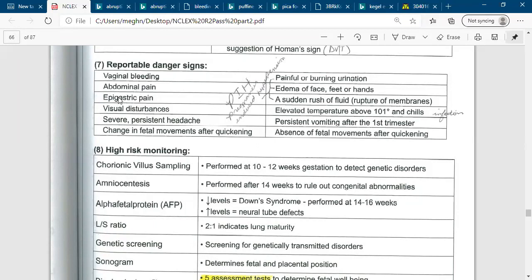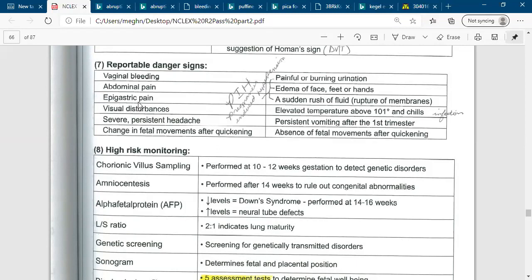Epigastric pain, although it is normal, if the epigastric pain is severe, they have to talk to the healthcare provider. If the mother has a visual disturbance or severe persistent headache, the mother has to inform the healthcare provider.